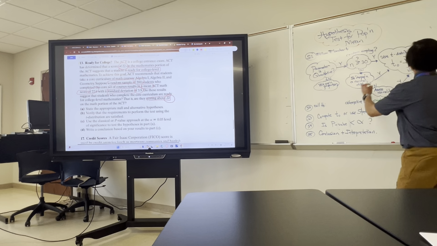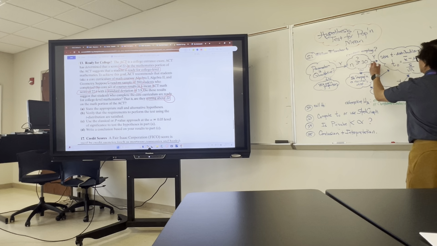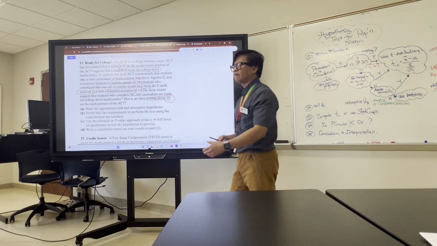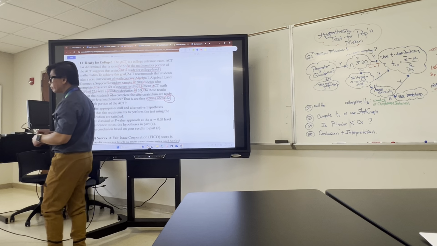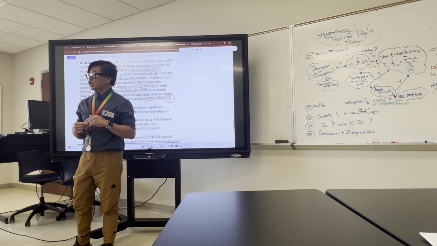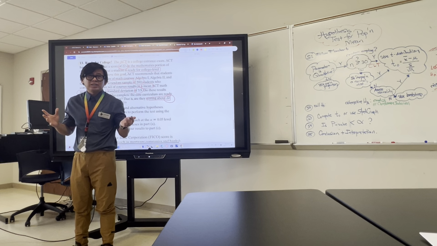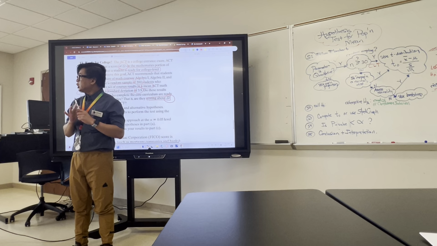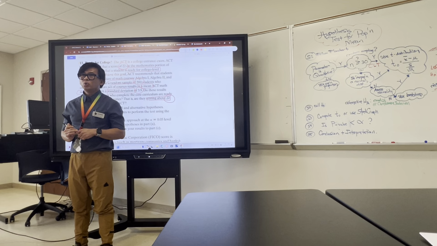Central limit theorem. Very good, right? By the central limit theorem, if there's random sampling and the sample size is big enough, it doesn't matter what the population shape is. Skewed to the right, skewed to the left, it doesn't matter. Your sample distribution will be normally distributed.